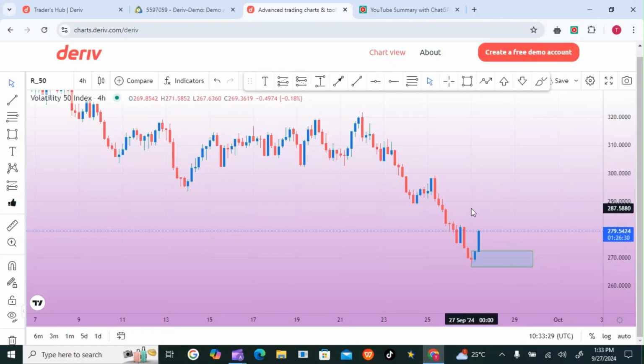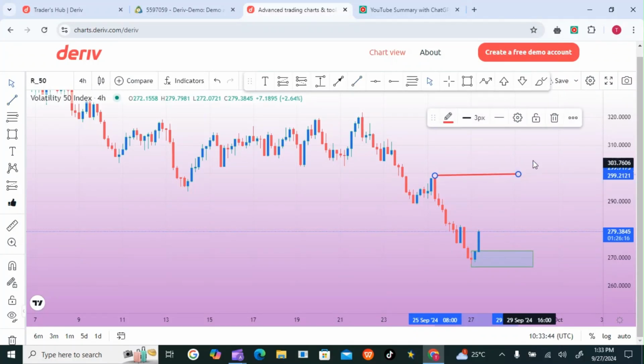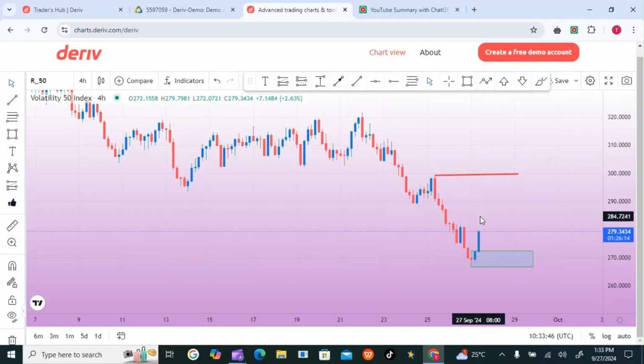So what is the next target of this? Whenever it breaks this zone, remember we will have a change of current, and we are targeting to take only trades now aiming at moving downwards.